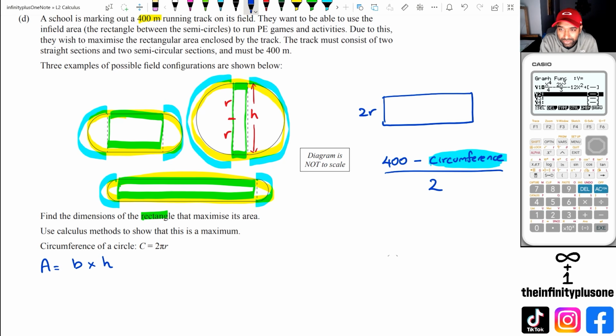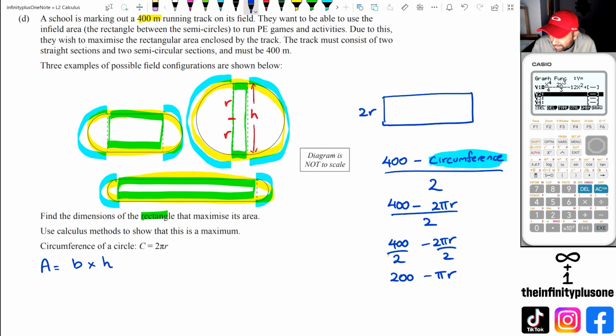So we've got to do 400, take away the circumference, but we've got to divide by 2 because we've got 2 sides. So we get 400, take away circumference, which is 2 pi r, divided by 2. So we can say 400 divided by 2 minus 2 pi r divided by 2, and we're going to get 200 minus pi r. So our base is equal to 200 minus pi r.